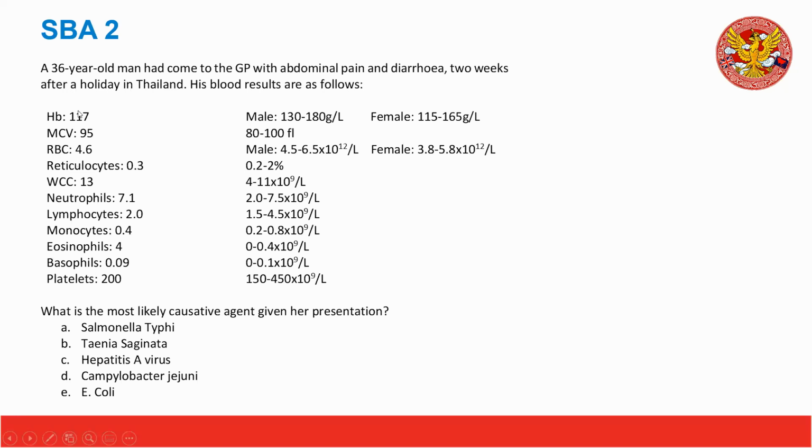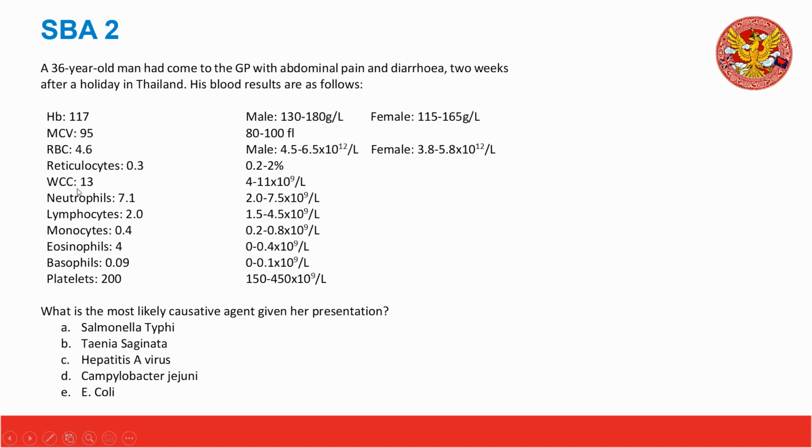Okay, so the thing to be concerned about here is that this person has a recent travel history and is complaining of abdominal pain and diarrhea. In terms of the blood results, hemoglobin and MCV all seem fine, reticulocytes seem fine, but the white cell count is raised in this case.